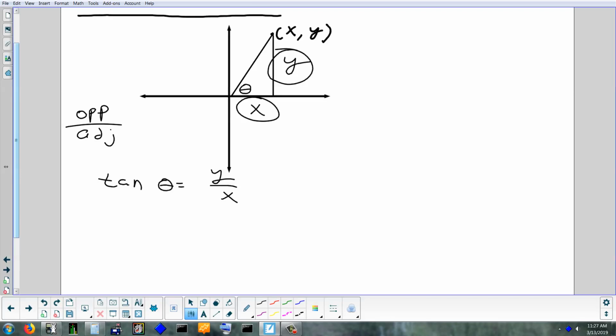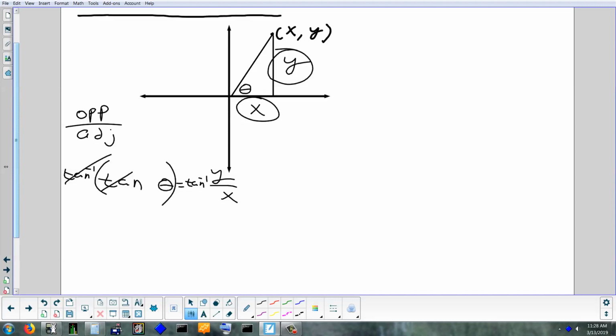You want to know your angle. That's what you need. So we have to get rid of tangent. How do you get rid of the tangent function? Yes, take the inverse tangent of what's on the left and on the right. So theta equals the inverse tangent of y over x, and I'm going to write that out nice on the next page.